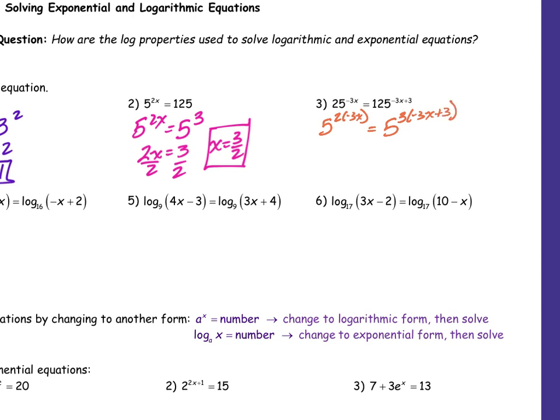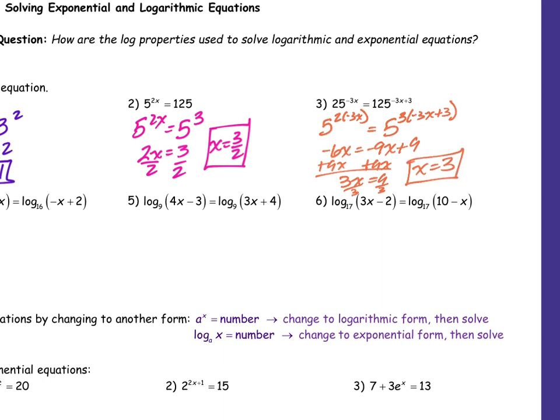So in order for them to be equal, the exponents have to equal each other. So I get negative 6x equals negative 9x plus 9. Add 9x. And 3x equals 9. Divide by 3. X equals 3. Okay?